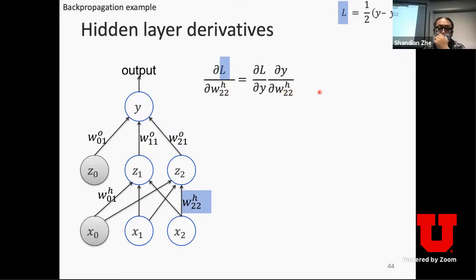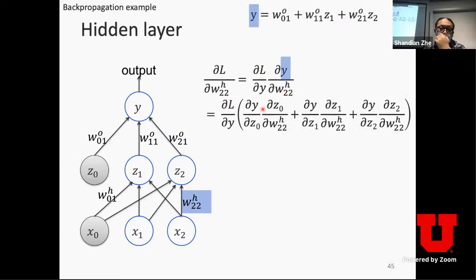This partial Y over partial W22H can be further represented because the output Y is directly dependent on all the neurons in the hidden layer, Z0, Z1, Z2. So partial Y over partial Z0 times partial Z0 over partial W22H, plus partial Y over partial Z1 times partial Z1 over partial W22H, plus partial Y over partial Z2 times partial Z2 over partial W22H.